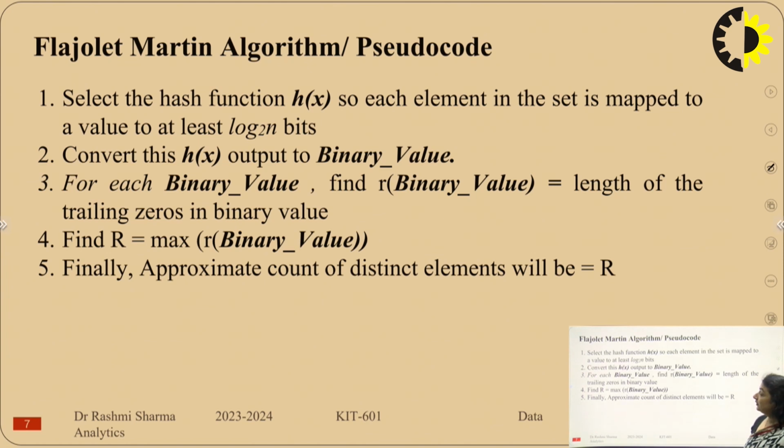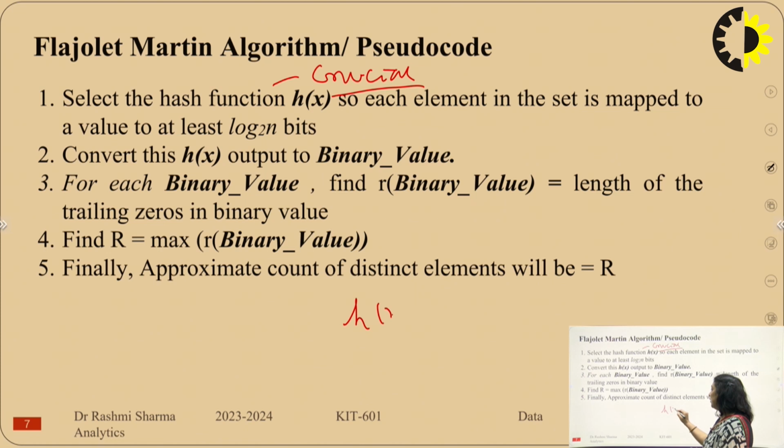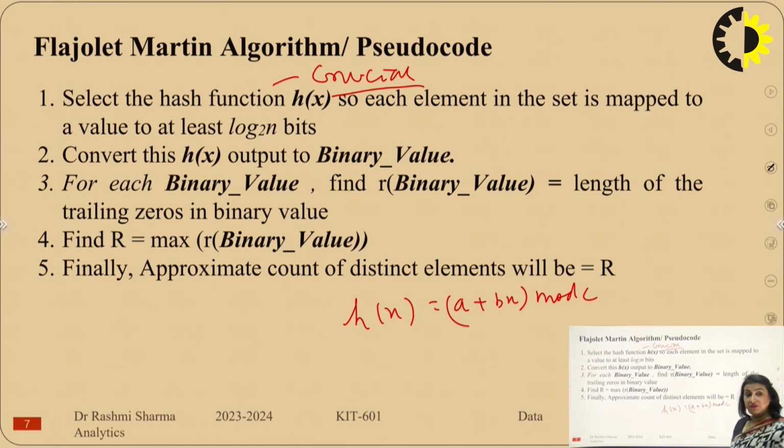So the pseudocode usually comes, if the numerical doesn't come in AKTU, then definitely this pseudocode will be there. So we have to select a hash function. This is a very critical, crucial job in the Flajolet-Martin algorithm, because this hash function is usually of the form (a + bx) mod c, and the crucial part is the selection of a, b, c.